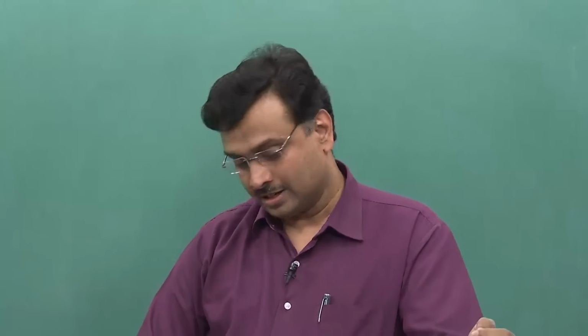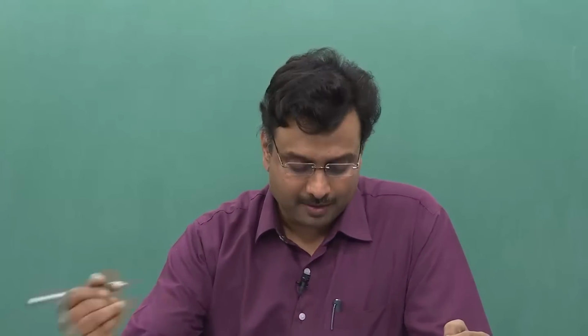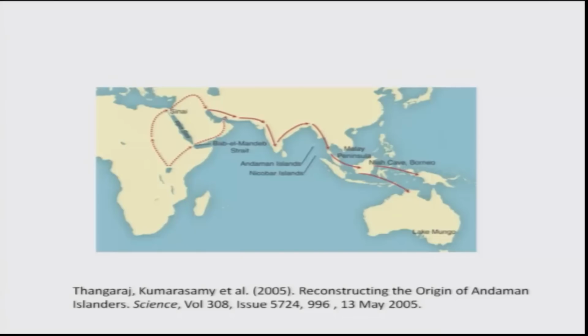And one of the studies that came from India, by a group at Hyderabad, really used these mitochondria and Y chromosome sequences to come up with a hypothesis which suggests that our forefathers evolved around 200,000 years ago, somewhere here in northern Africa, and they probably migrated close to the seashore.